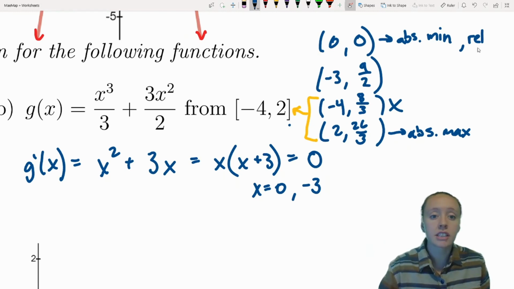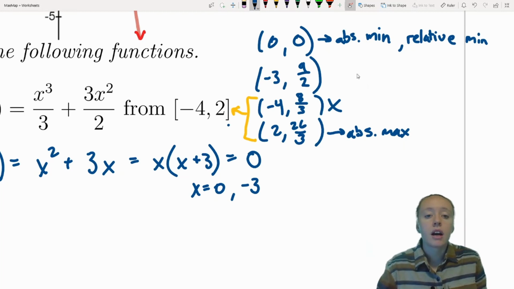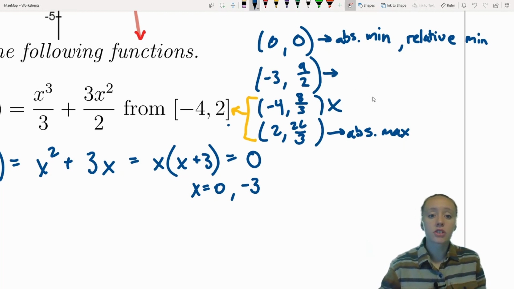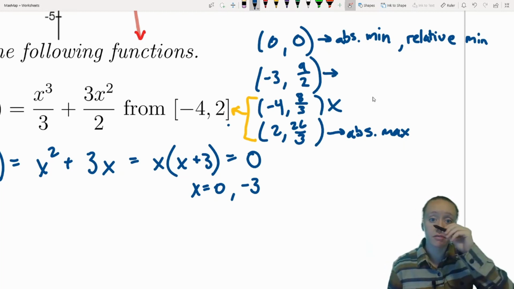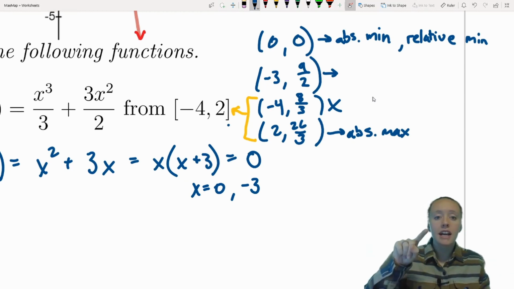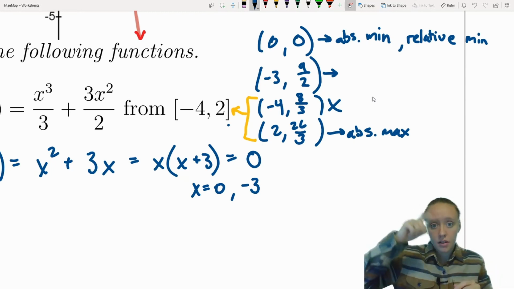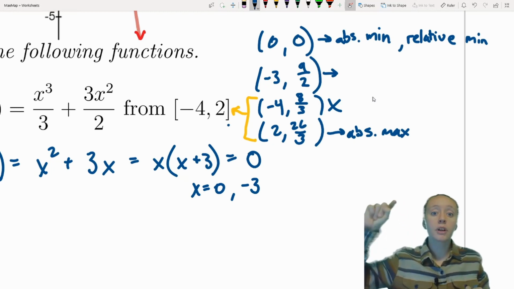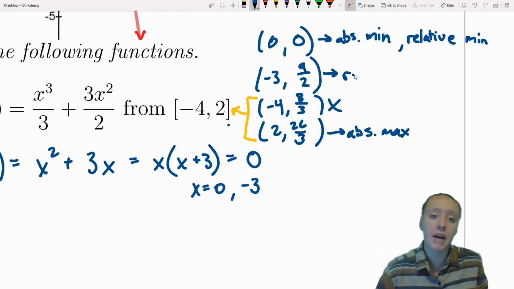So I'm going to write relative minimum, and then if my function is continuous and I have a relative minimum at 0, 0, when I'm at -3, if that's greater than that 0, 0 value, my function was continuing upwards, that's going to be a relative max.